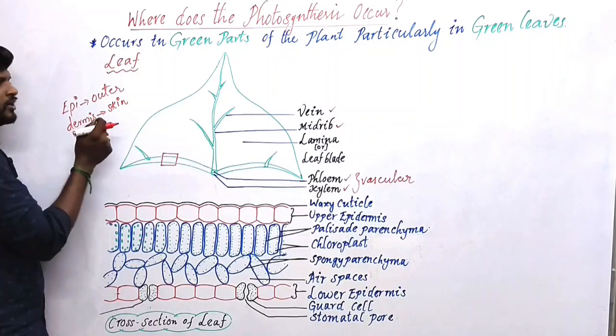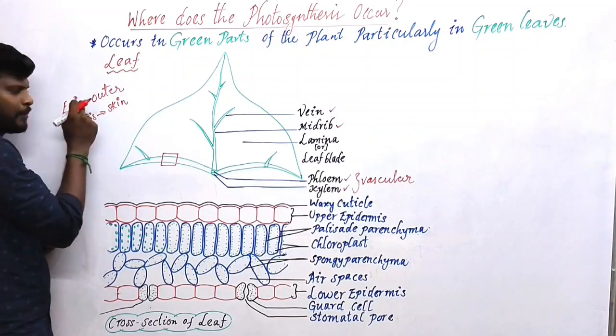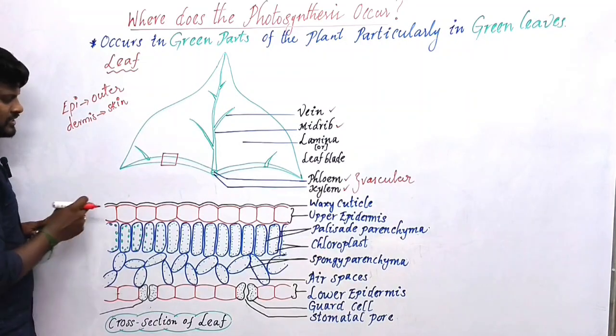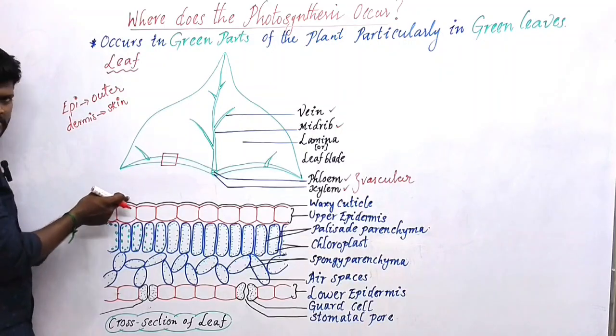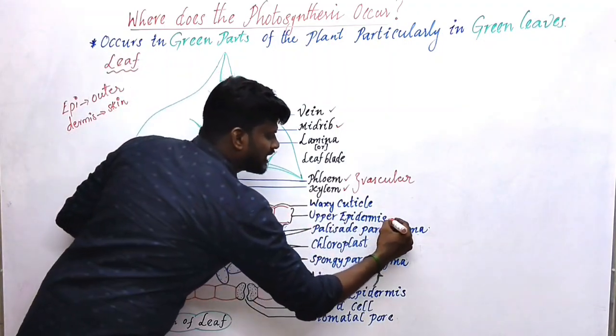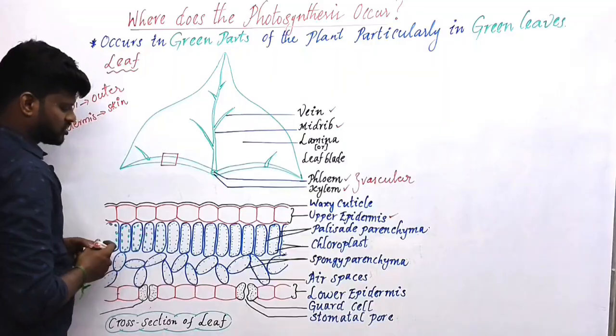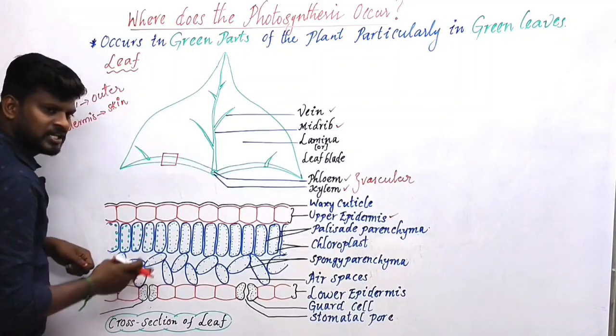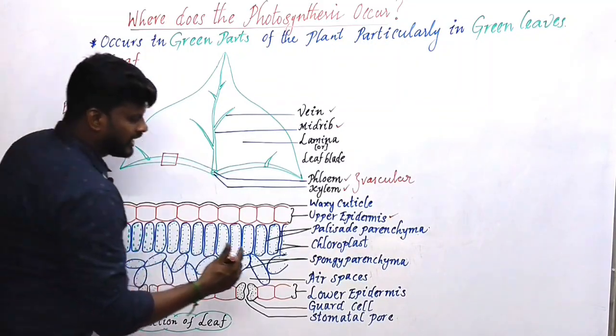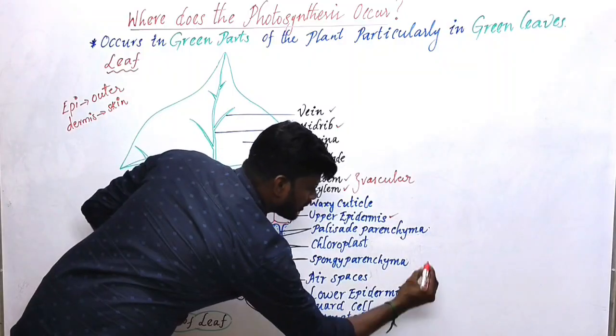Epi means outer. So epidermis means outer skin. Since it is in the upper part of the leaf, we call it upper epidermis. And this is present in the lower part of the leaf. Hence, it is called lower epidermis.